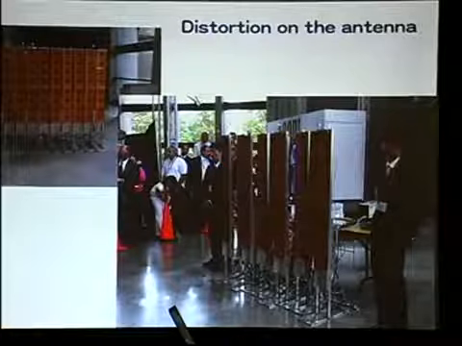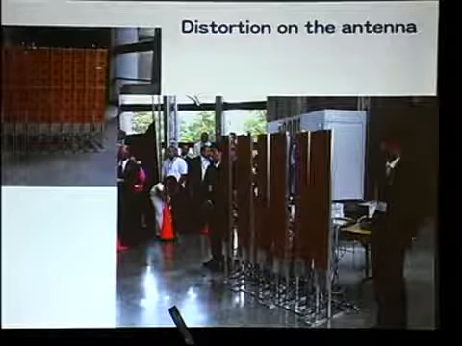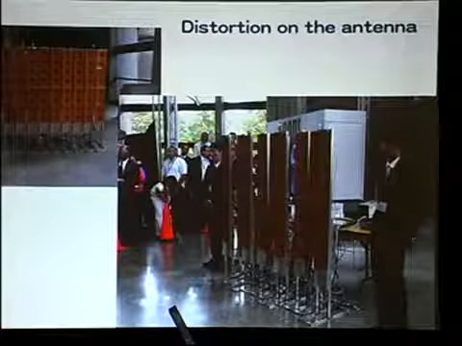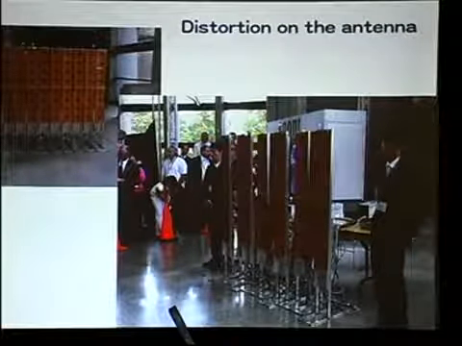Anyway, we thought we achieved the beam control system using a retro-detector system.